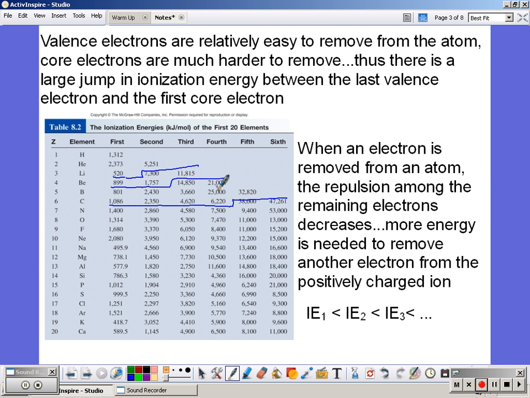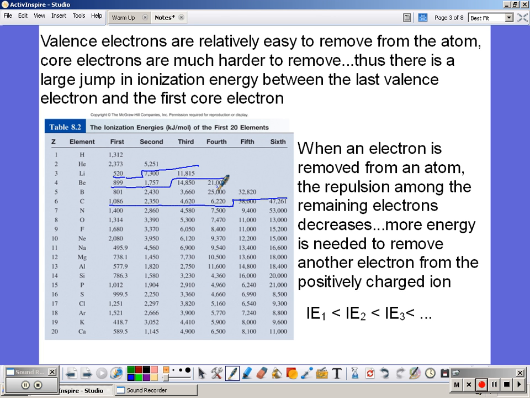When an electron is removed from an atom, the repulsion among the remaining electrons decreases. More energy is needed to remove another electron because it's held tightly by the positively charged ion. So the nucleus, which is positive, is going to attract those fewer electrons more than before.